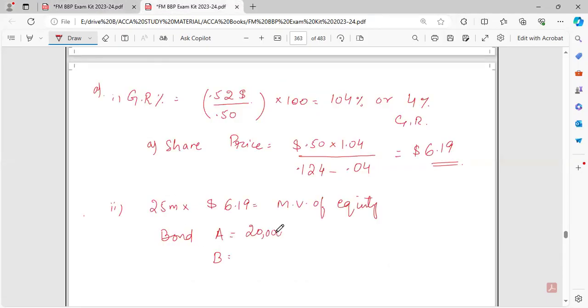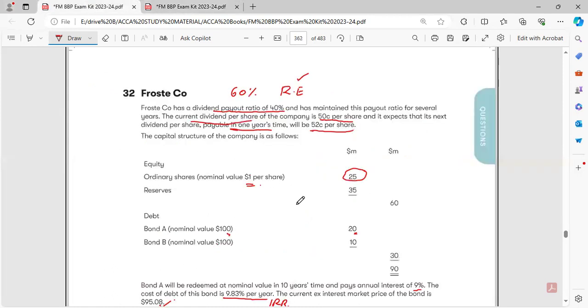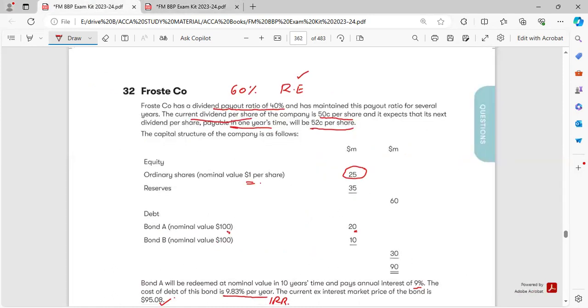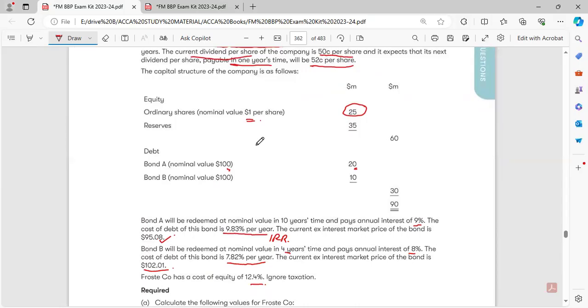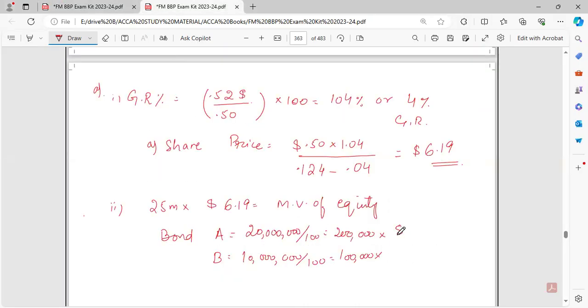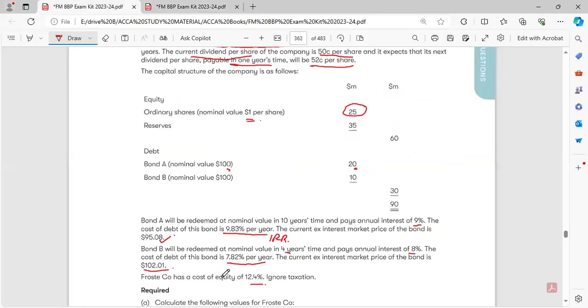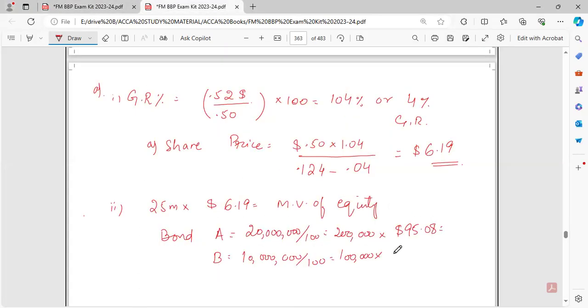So 20 million divided by 100, we can say that 200,000, and here 10 million divided by 100, 100,000, multiplied with what? Market values, which are 95.08, and here 102.01.